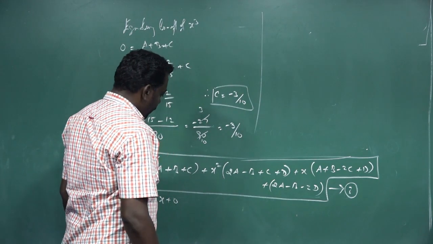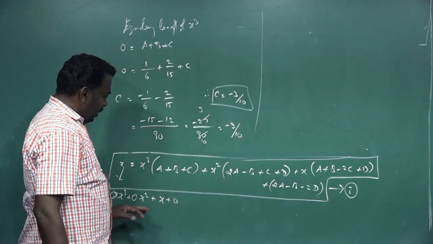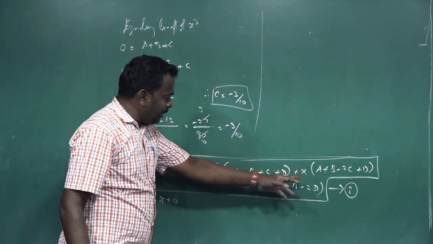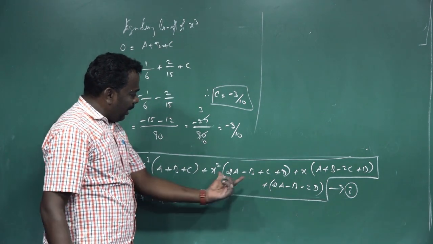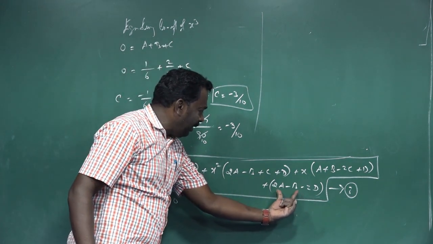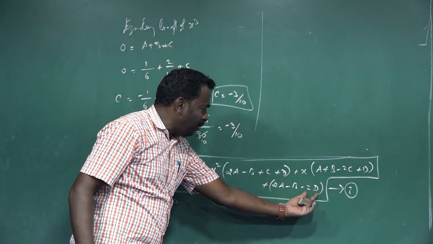Now next, we could equate the coefficient of the x square term, the x term, or the constant term, and comparatively the constant term has the least number of terms. Already we know the a value and b value, and we want to find the d value.